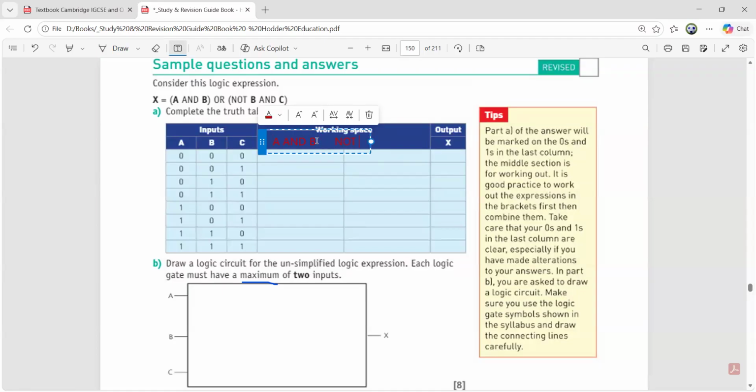Then you have not B, and then you have lastly not B and C. Yes, children, are you doing it?